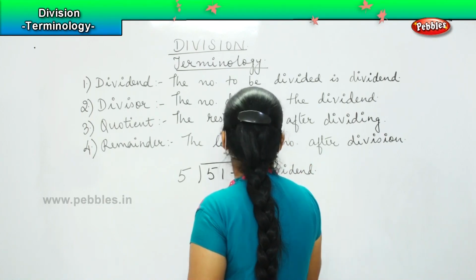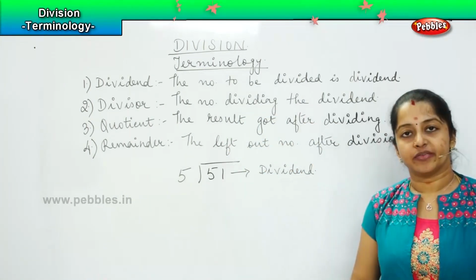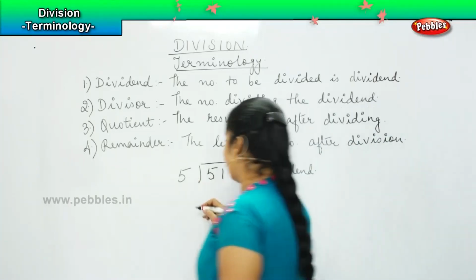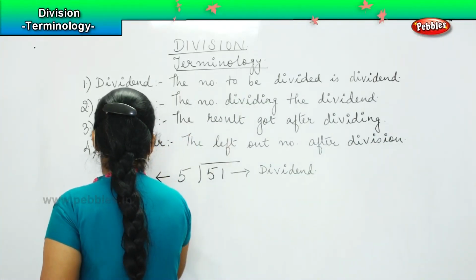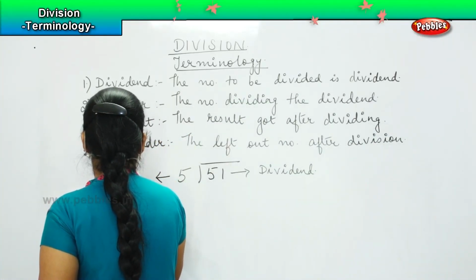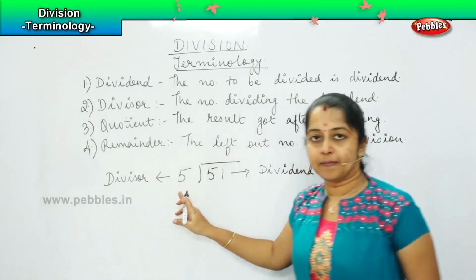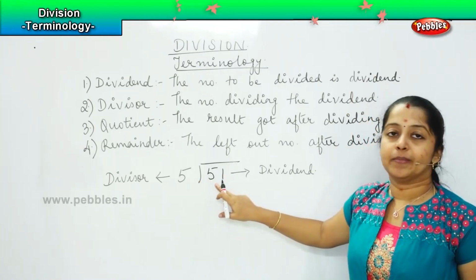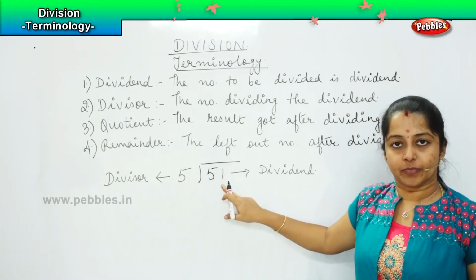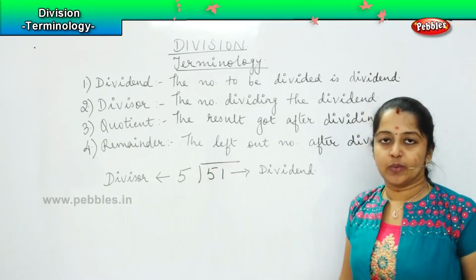That is the number which I am going to divide. This 5 is called my divisor. That is, 5 is the number with which I will be dividing the number 51.